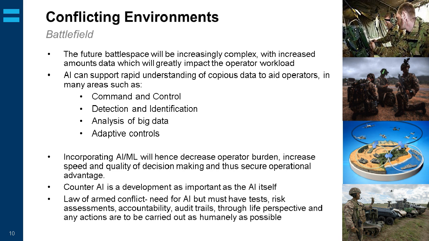There need to be audit trails and through-life perspectives to make sure that we fundamentally stay within the laws of conflict. This is a can of worms, and I could discuss it for a long time, but there are lots of different considerations. It's something I'll refer back to later when I talk about control and governance and how important that is.